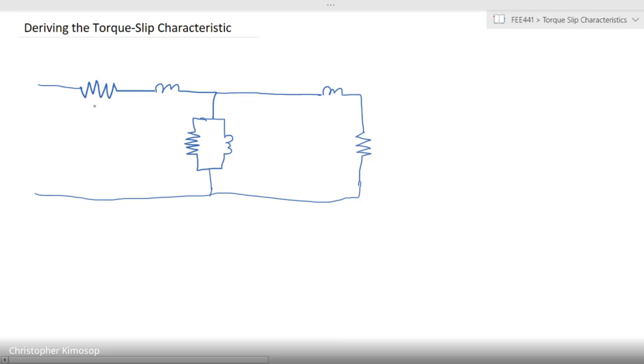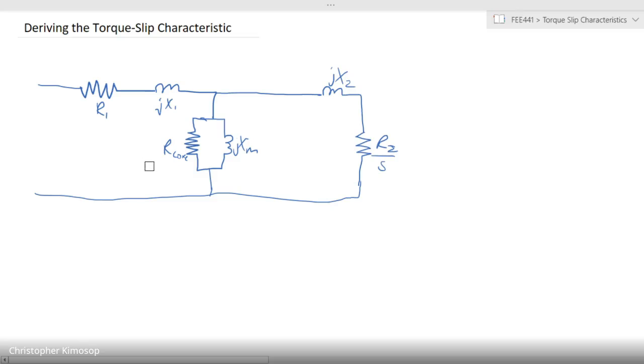Okay, so this should be very familiar by now. We have R1, JX1, R core, JXM, and then this side we have JX2 and R2 over S. Now, in order for us to look into the torque characteristics, I will do something here that simplifies the circuit slightly.